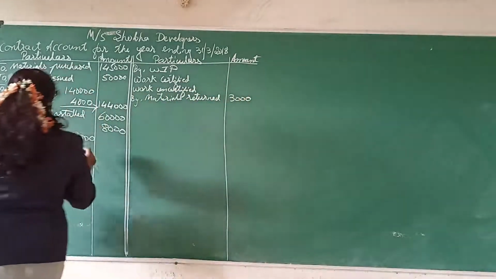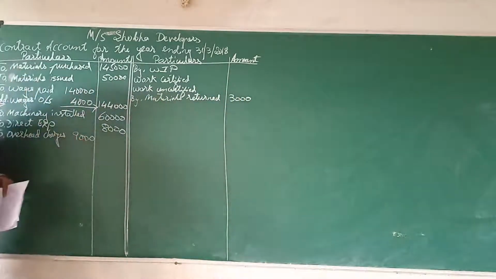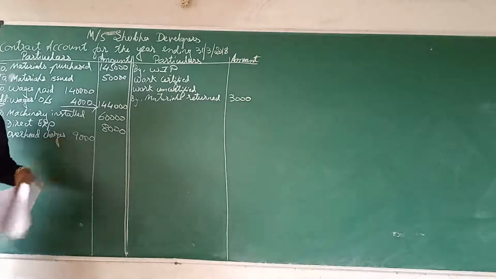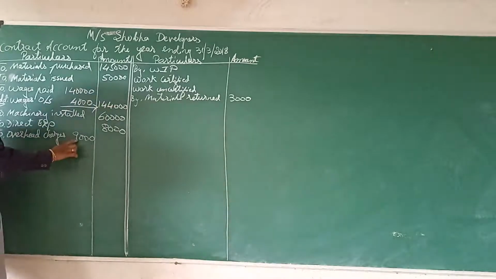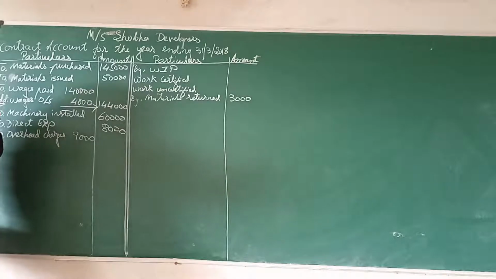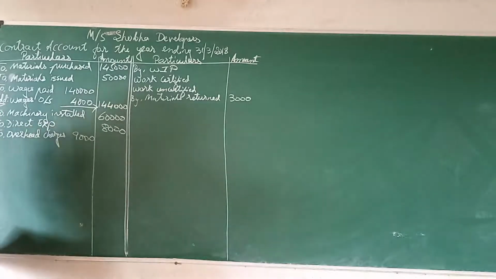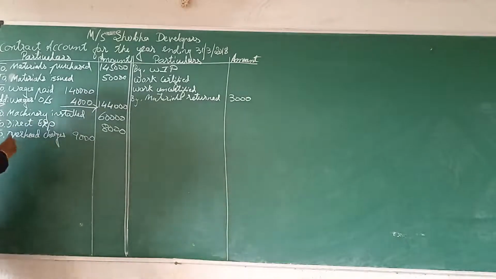Whatever amount I have given, 9,000, this is for 3 quarters. So the 4th quarter amount is due. 9,000 divided by 3 quarters, you will get 3,000. It means 3,000 amount is due.